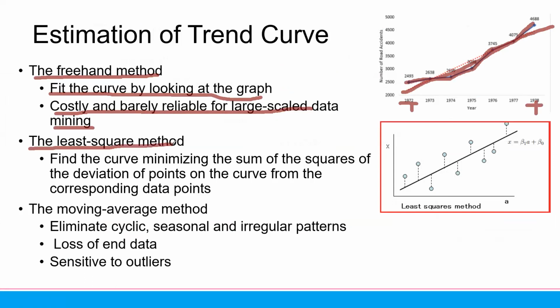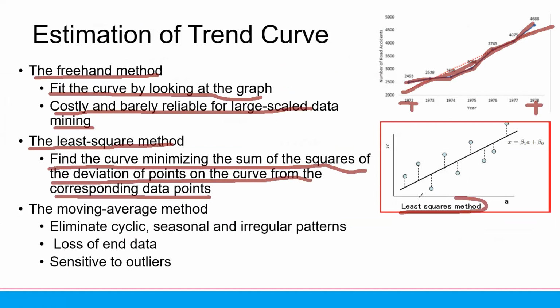The other method, we call it least square. The least square method is usually a method for regression. We want to find the curve minimizing the sum of the squares of the deviation of points on the curve from the corresponding data point.